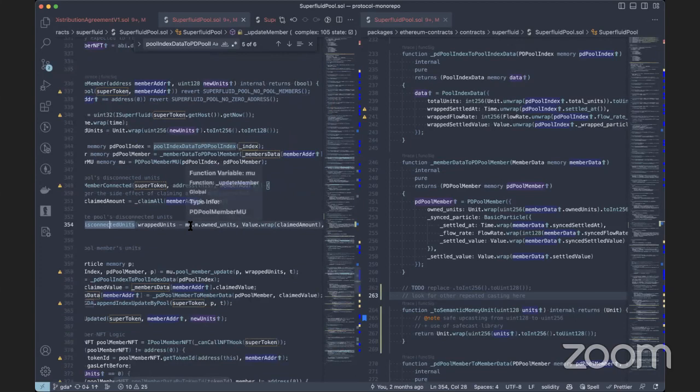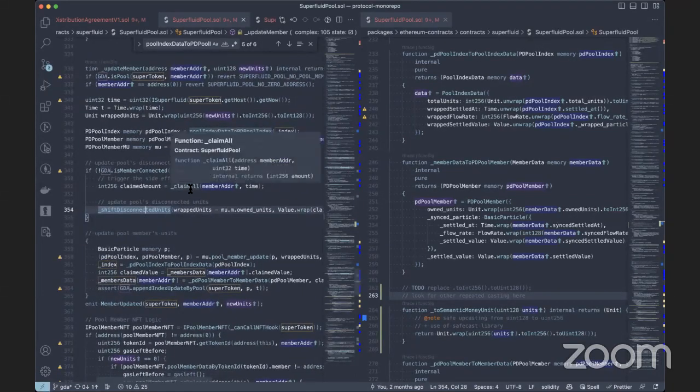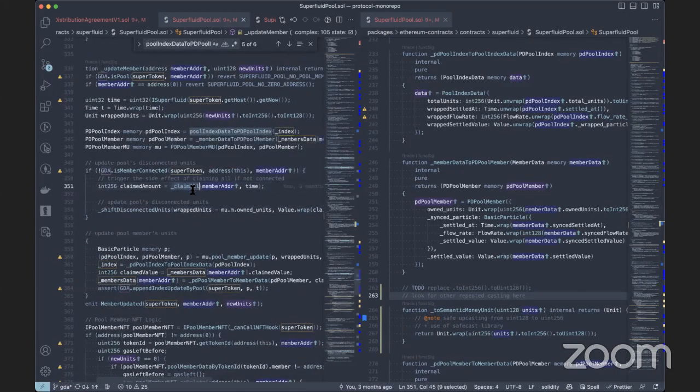Why do we do the claim? It's the same as IDA, I'm pretty sure. If you already have units in or a claimable balance for this pool, and we're updating your units, let's say to 0, we help you claim that before the units are actually updated.